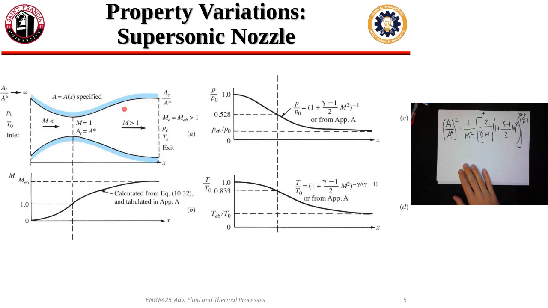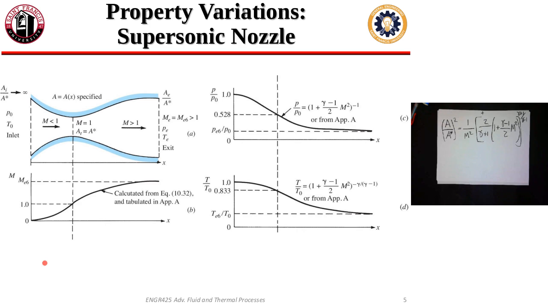So if we pop over to slides again, if we apply this relationship through a nozzle, we can get something that looks like this in terms of property variations across the nozzle.